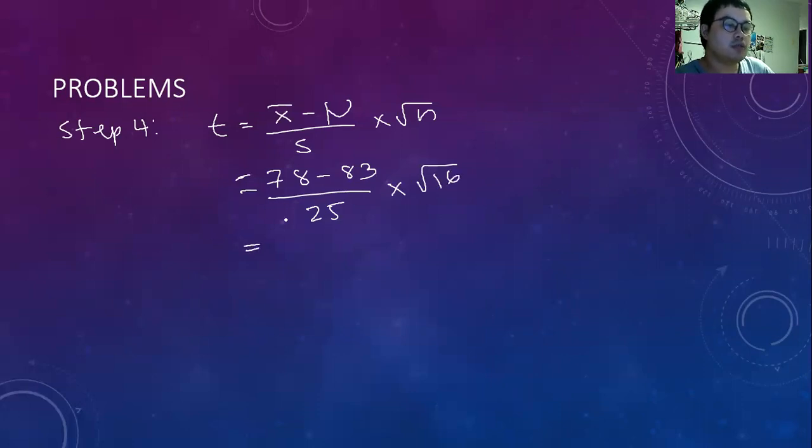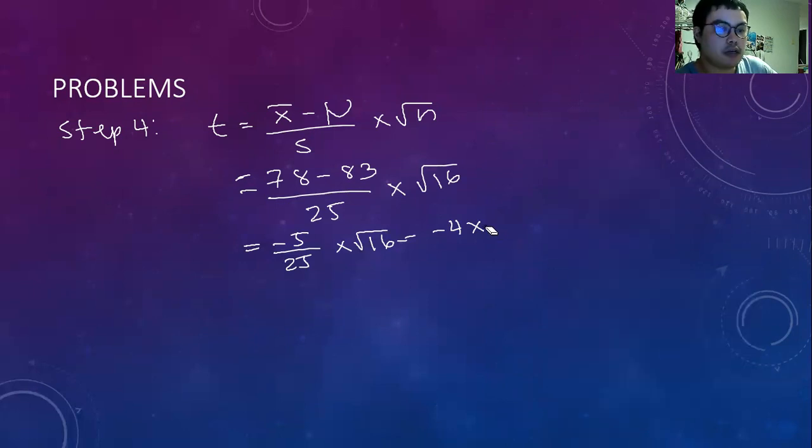So we subtract, which is negative 5 over 25 times the square root of 16. We find the square root of 16, which is 4.